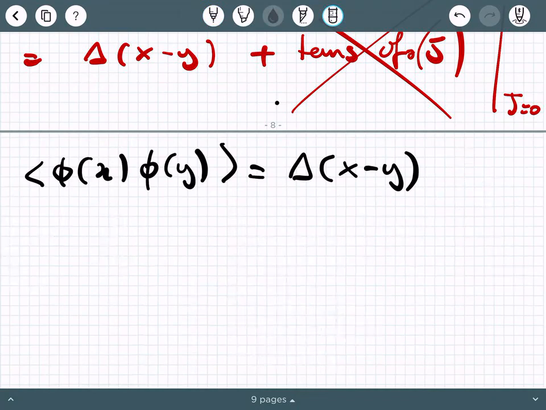Okay, now the same procedure can be generalized to any n-point correlation functions.